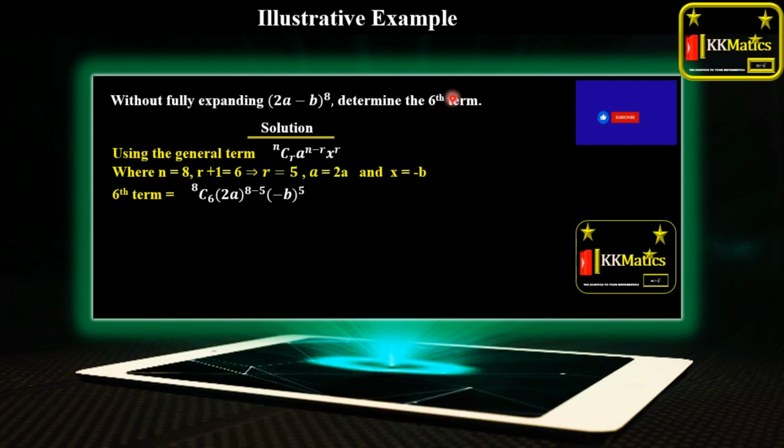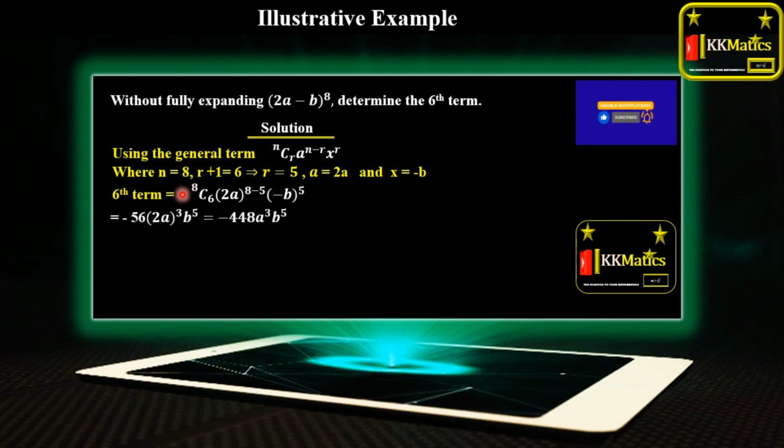Now we substitute the various values into where they have to be. So we have our n, which is 8, combination 5, into bracket 2a, all raised to the power 8 minus 5, multiplied by bracket minus b, all raised to the power 5. So we are cautious of the minus b here.